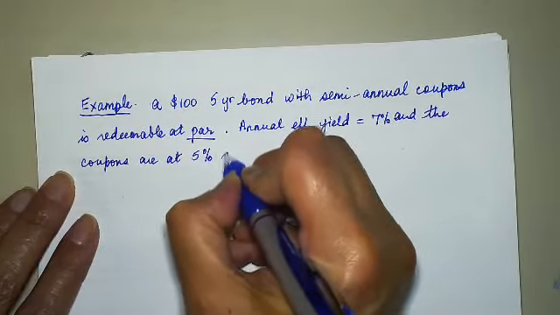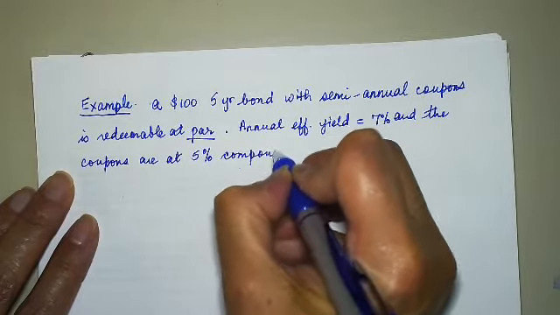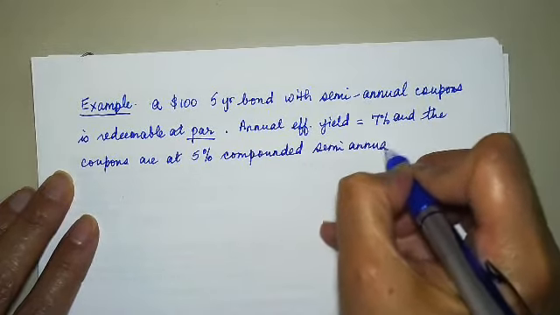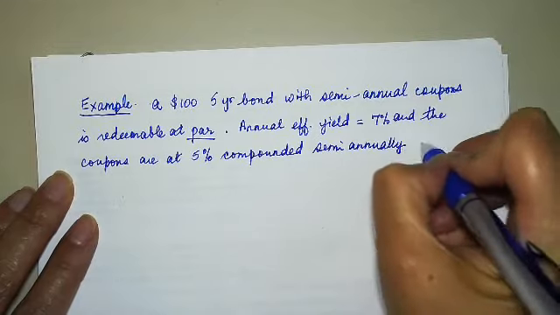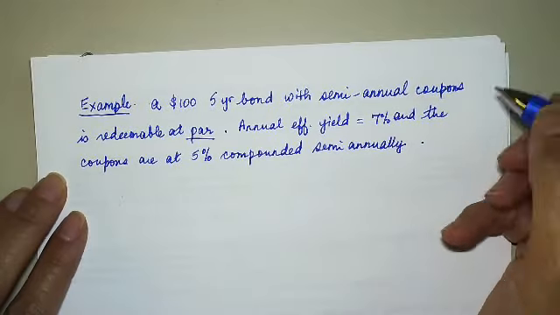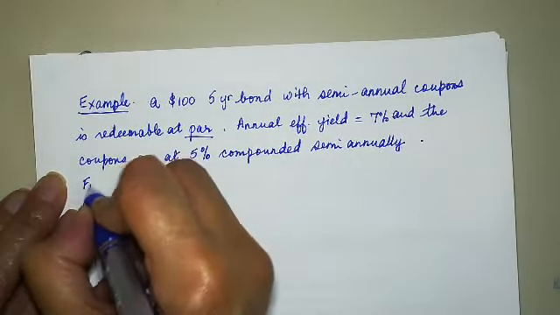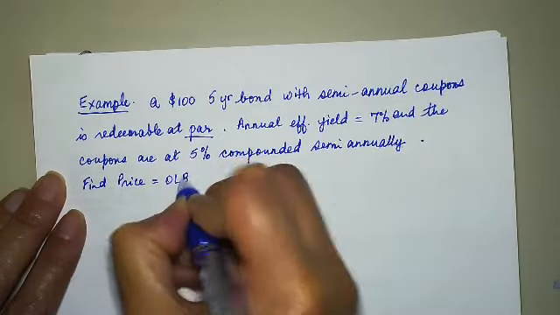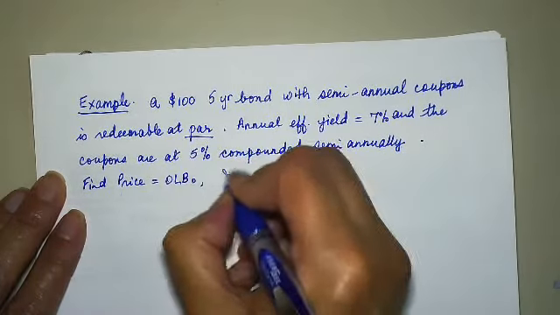The annual effective yield is 7%, and the coupons are at 5% compounded semi-annually.